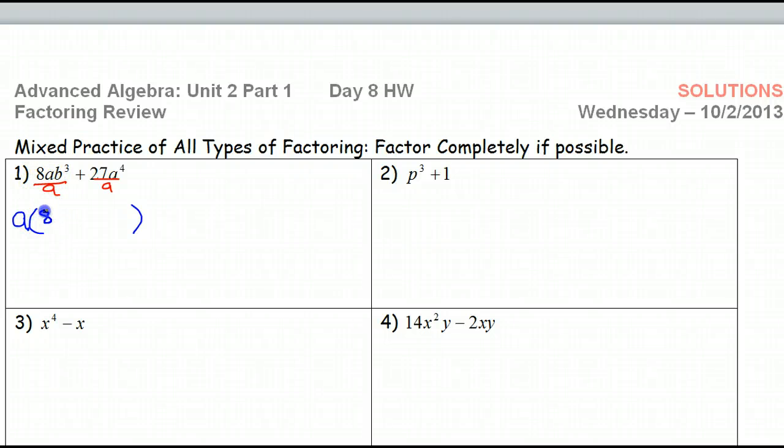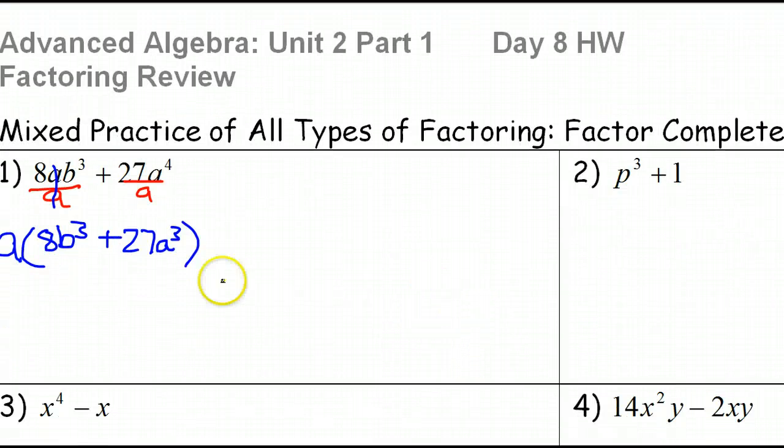So that's going to leave 8b to the third power plus 27a to the third power. Because these a's cancel out, and that a cancels out one of those a's and leaves a to the third power. Now, hopefully you'll recognize this blue as the sum of two perfect cubes. 8 is a perfect cube and 27 is a perfect cube.